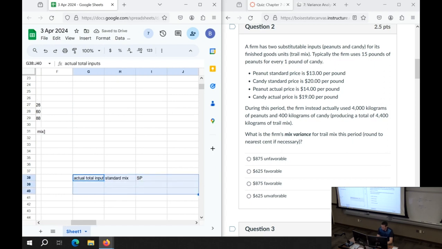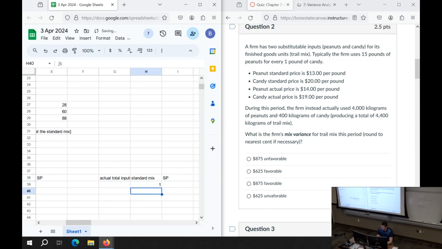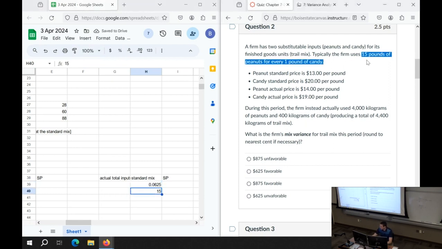So this is over here at the standard side. We have a standard mix of 1 to 15, or rather 1 out of 15. We want it in decimal form so we can multiply it nicely. Versus, did it wrong, 1 out of 16. So we have a total of 16 pounds that we're talking about here in this sentence, 15 plus 1.